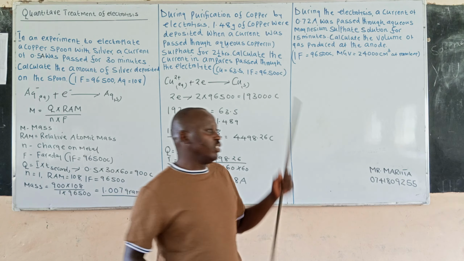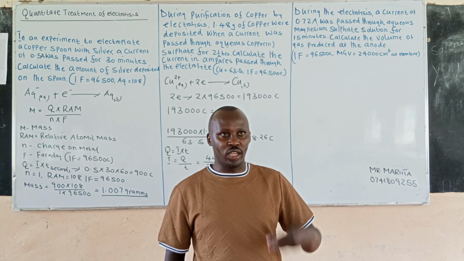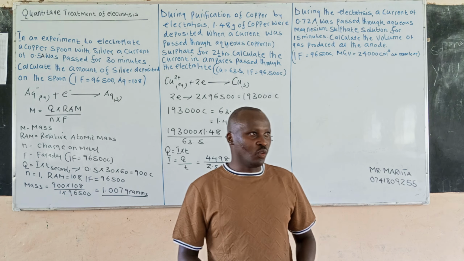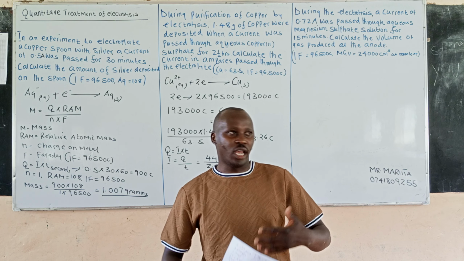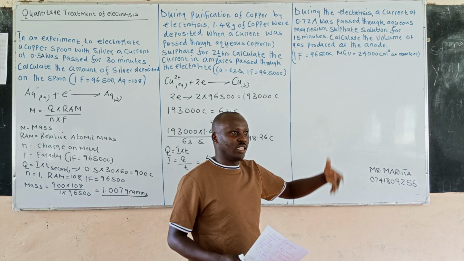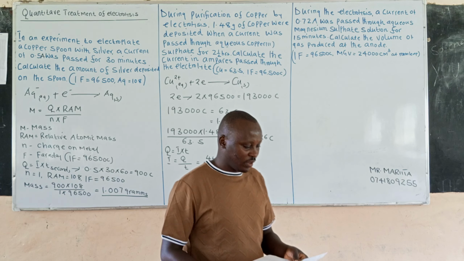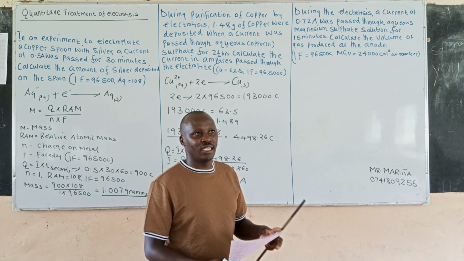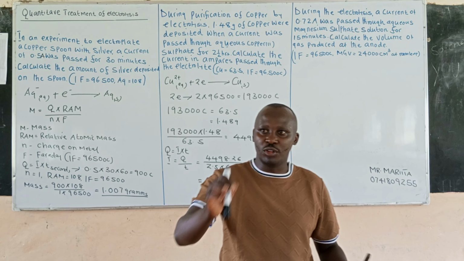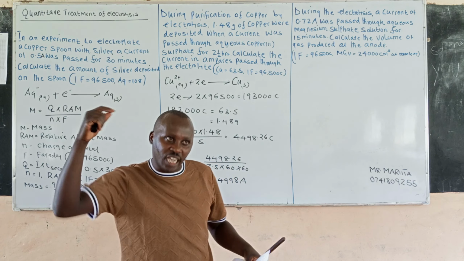In the electrolysis of magnesium sulfate, we have the magnesium ions, sulfate ions, hydroxide ions, and hydrogen ions. At the anode, normally oxygen gas is produced. What you can observe at the anode is the bubbles of a colorless gas, and that gas is oxygen gas. Then at the cathode we have hydrogen gas produced.